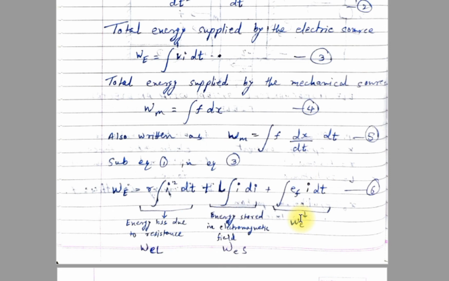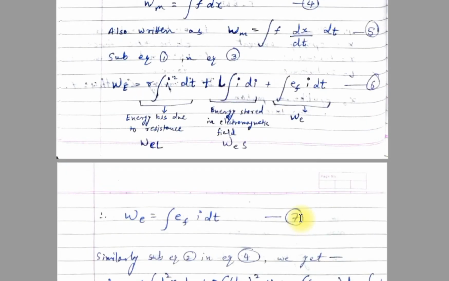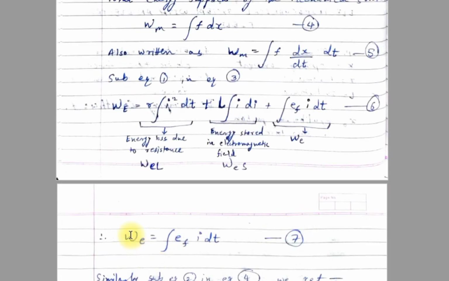If you can recollect, what is my W of small e, it is the energy transferred to the coupling field by the electrical systems. So I can write my We, which is equal to the integration of EF into I dt, where We is the energy transferred, so we are only concerned with the last term.